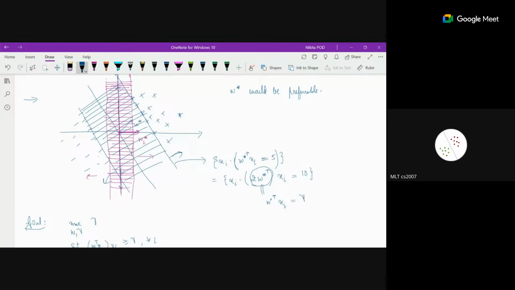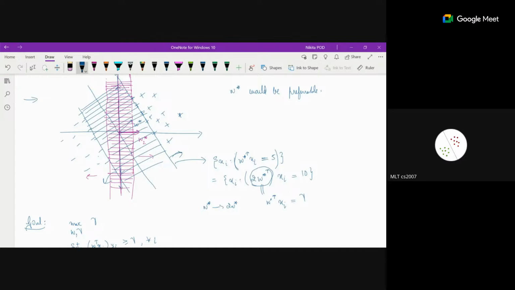What is happening here is we wanted to maximize this gamma. We want to maximize this margin. But if we scale my w, here we are scaling my w star, then even the gamma got scaled up, right?